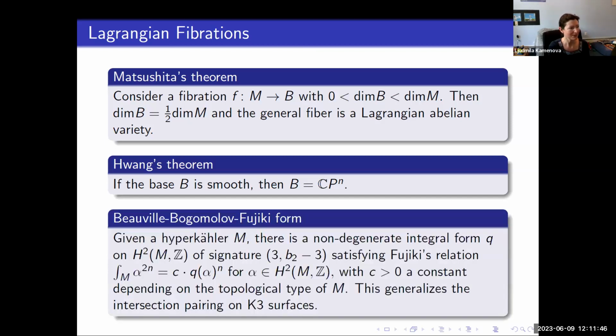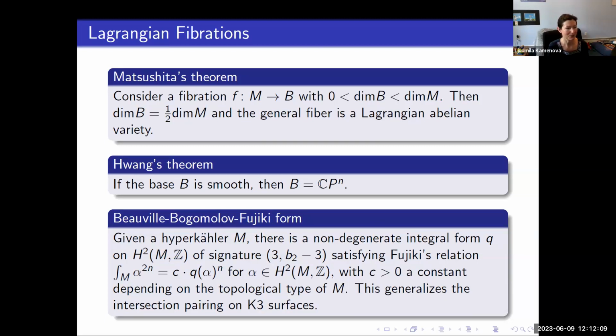And there is also the Beauville-Bogomolov-Fujiki form for a given hyperkähler M. This is a non-degenerate integral quadratic form on the second cohomology of signature (3, b_2 minus 3).